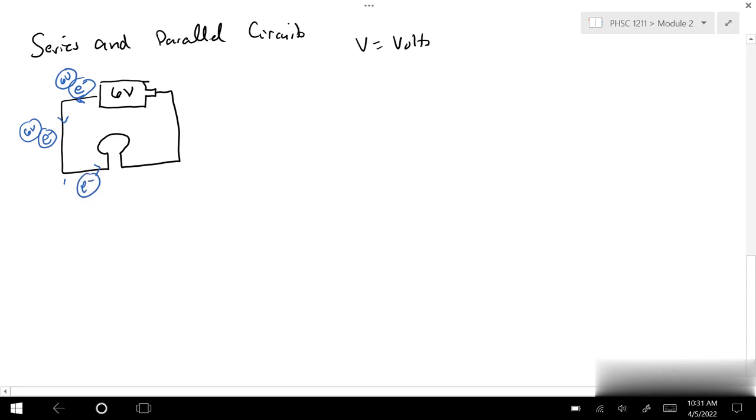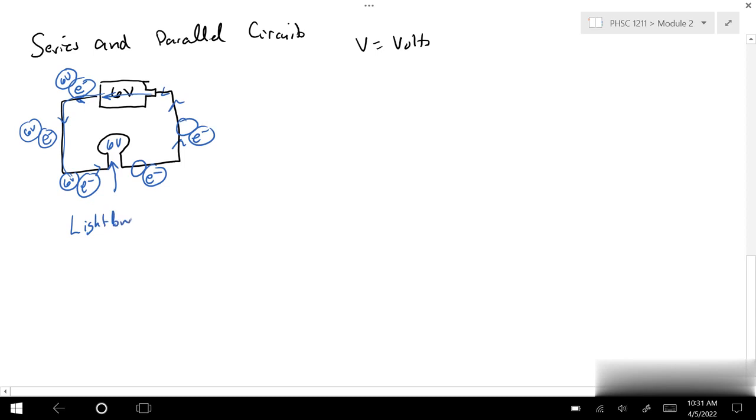So because there's only one light bulb in the circuit, this electron that's carrying 6 volts is going to dump all 6 volts into this light bulb, and the electron, once it leaves the light bulb, is empty. So it's going to head back to the battery to refill. It's going to come back here, go through the light bulb, pick up 6 volts, reload, and you're just going to get this continuous flow of current.